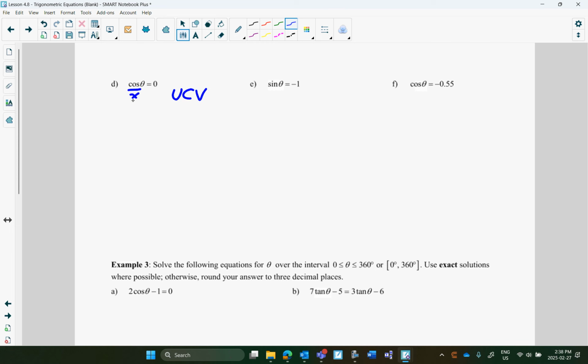This is x. So what angles, I'll just write this again, what angles is x coordinate equal to 0 on the unit circle?